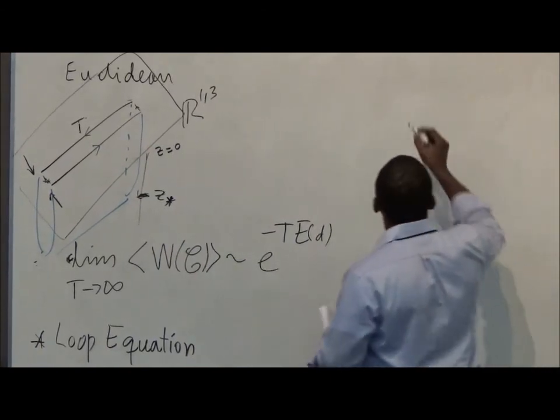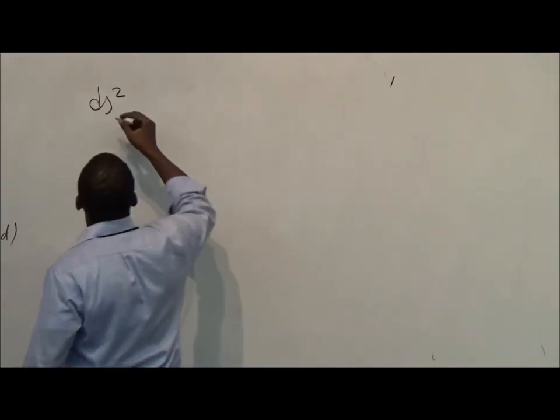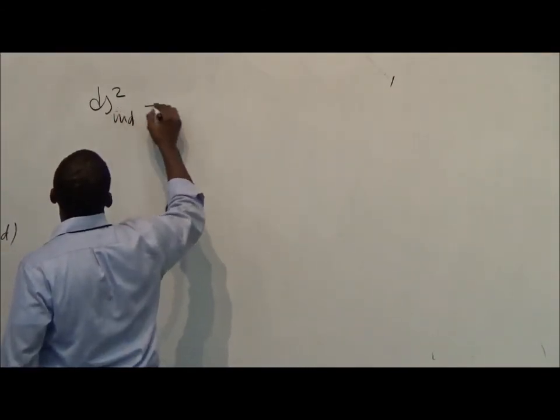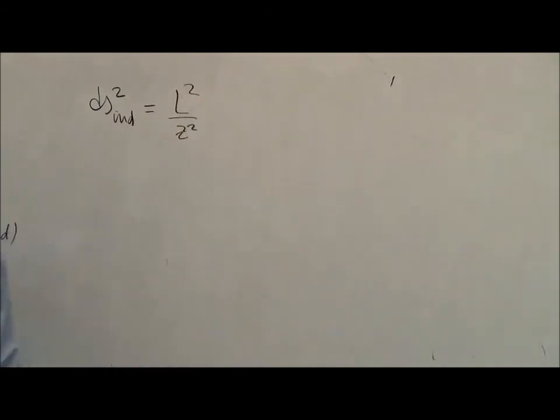So I have the metric. Let me write directly the induced metric. This is easy to check. L squared over z squared. So this direction, I'm going to call it X1. This one I already called t, but it's Euclidean, okay?